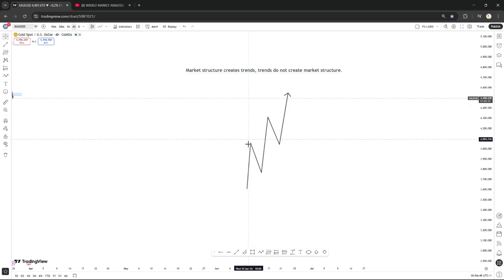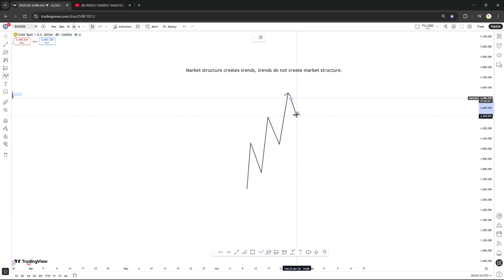So let's say you are on a 4 hour time frame and you are seeing a high, a low, a high, a higher low, and a high. So if you're looking forward to buy, what do you do? You simply wait for this market to do what? To retrace back, to make a correction.